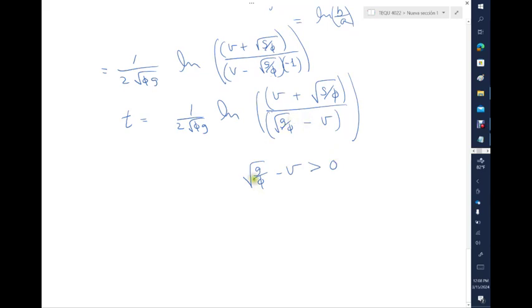So meaning that v has a limit, that if we solve for v, ends up being g over phi. Interesting, because this limiting result is what we call terminal velocity.